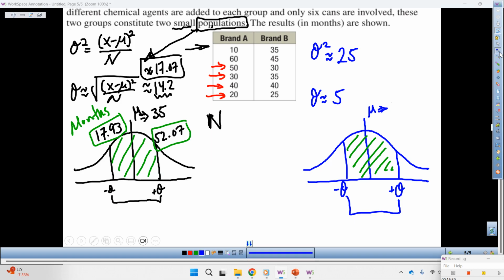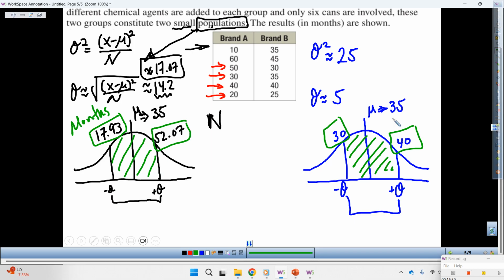What did you get for the mean, Nick, for the second brand? 35, yes? All right, so standard deviation up, we are at 40. Standard deviation down, we are at 30. So that means in months, it's from 30 to 40 months, yes?